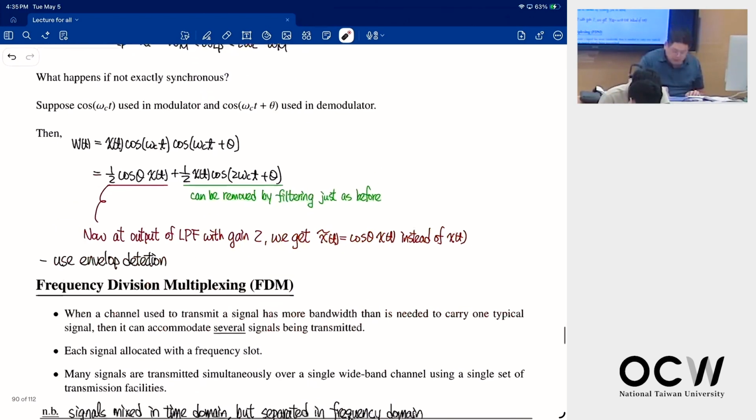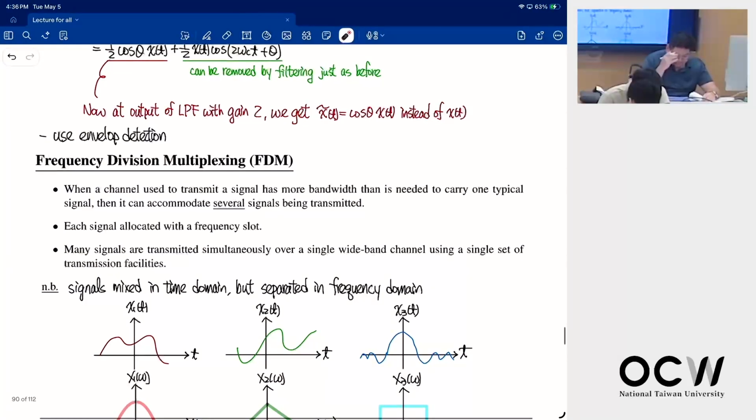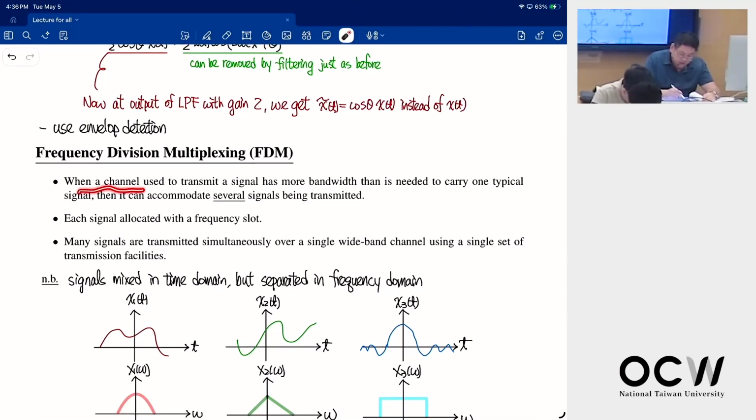Right, next let's see what is the frequency division multiplexing and also time division multiplexing. So what is FDM? When a channel used to transmit a signal has more bandwidth than is needed to carry one typical signal, then we can just transmit several signals together, and each signal will be allocated a frequency slot.